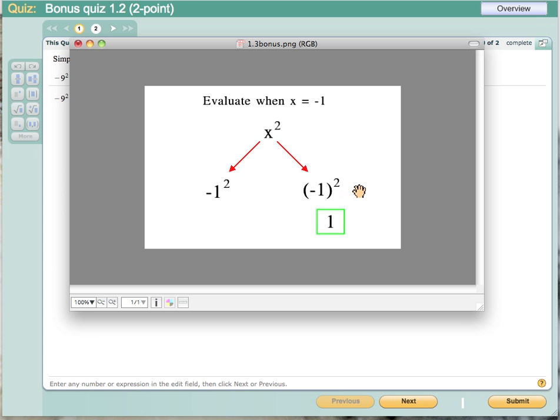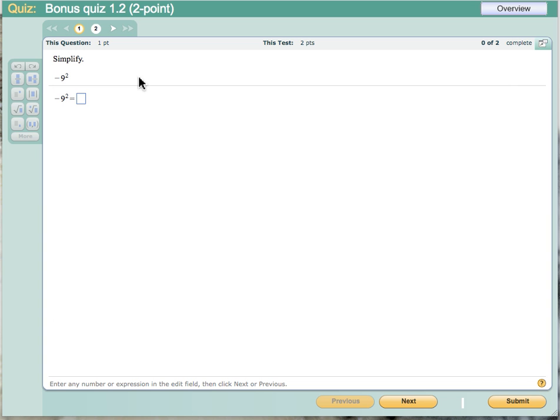If you always substitute in negative numbers with parentheses, that would send you on this path as opposed to this path. And so you would get the correct answer of 1 here. So always practice safe math. When you sub in, always use parentheses. So there's the answer for this one.